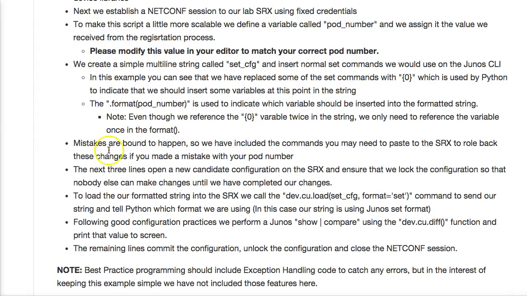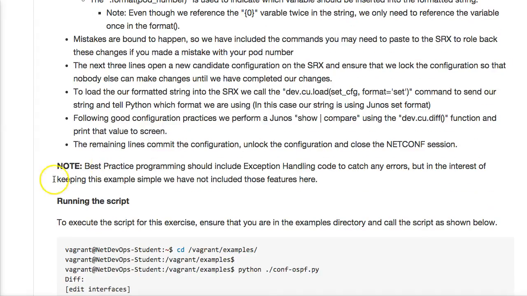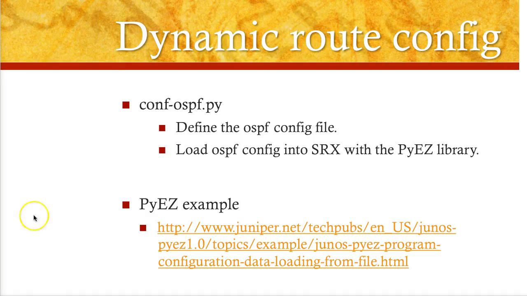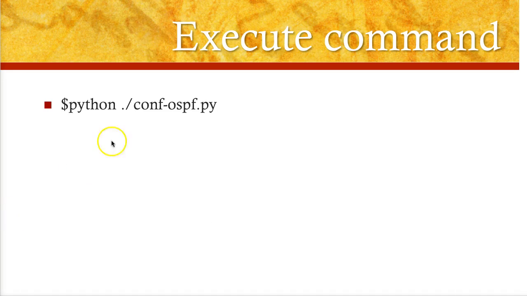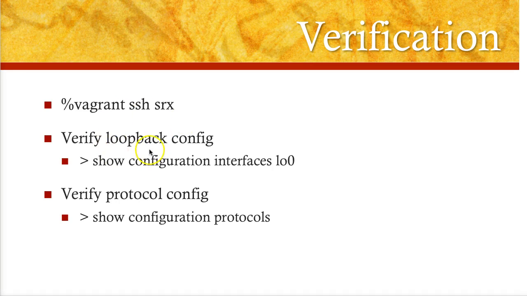Okay. So this is quite straightforward, and you can see the output here. But what we're going to do is show it to you on the terminal. So in the terminal, you can just do python conf-ospf.py to run this program, and you can verify the changes by logging into the SRX, and then you can see there is an interface configuration and also the protocol configuration after it's done.